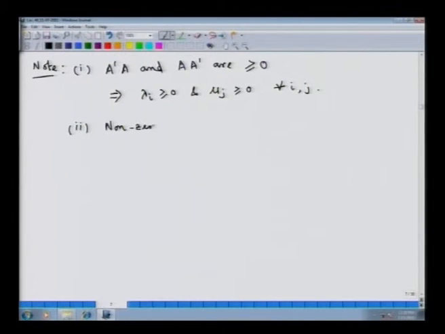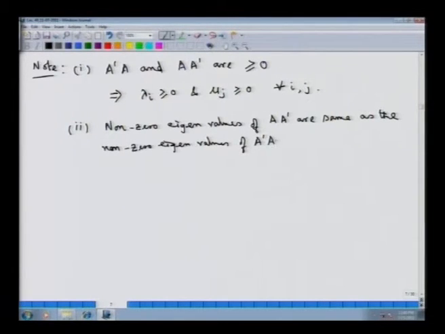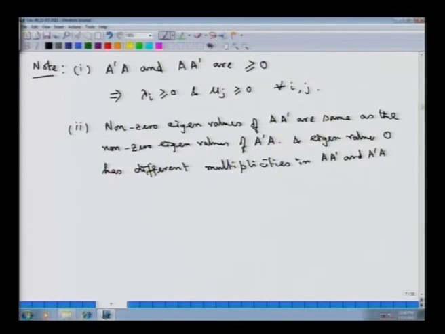So, non-zero eigenvalues of A prime are the same as the non-zero eigenvalues of A prime A, and this eigenvalue 0 has different multiplicities in A prime and A prime A if we have Q strictly less than P, right.